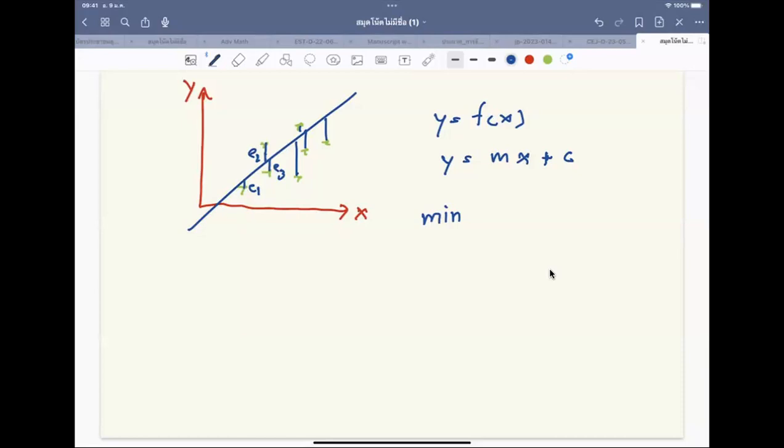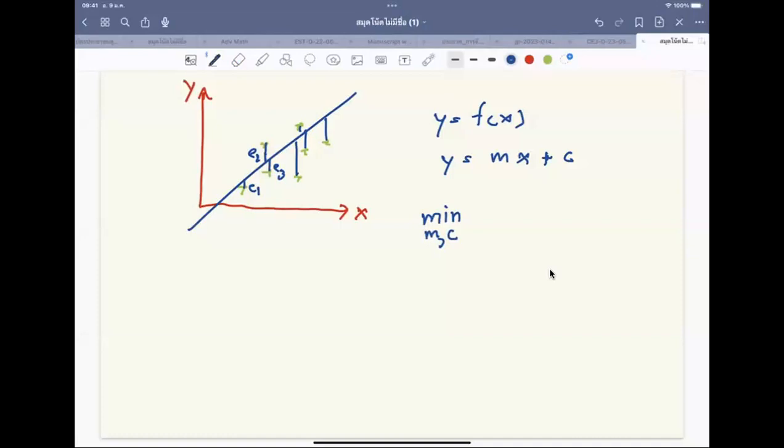What you wanted to adjust? Yes, slope and intercept. So we have M and C. All right. You can write A and B, but well, the same thing. You can write anything. But here I write M and C. So we adjust M and C. M and C is our decision variables.